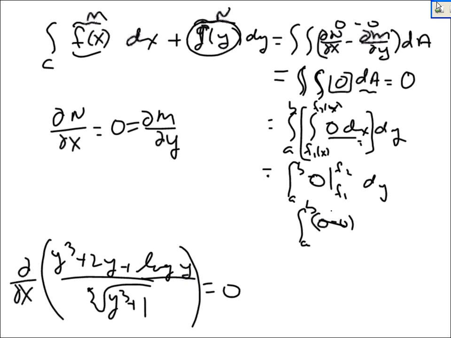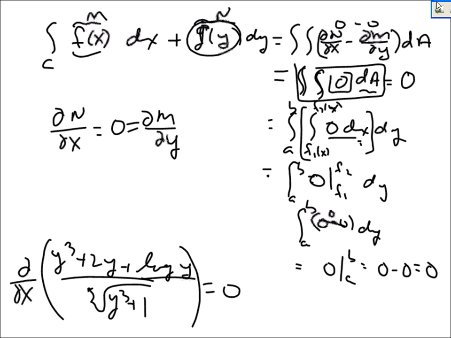The integral of 0 dy from a to b is 0 minus 0, or 0. From right here, you should say, oh, I'm integrating 0. The answer is 0. Okay, so that completes that section on Green's theorem.